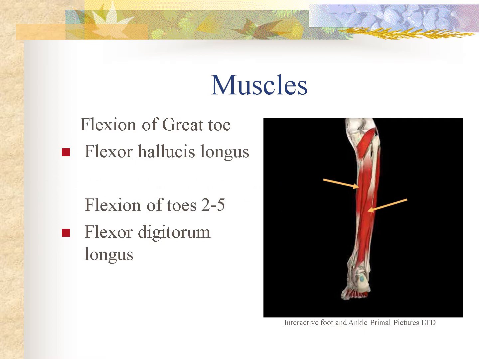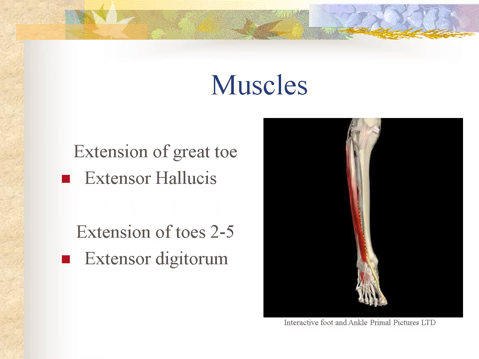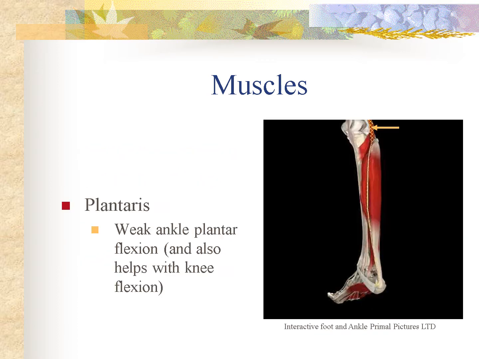All right, so those were the flexors that you could see. Extension of the great toe, we had the extensor hallucis, and extension of 2, 3, 4, and 5, we had extensor digitorum, just like we did in the hand. Hallucis, digitorum. Not sure how you can see those too well.